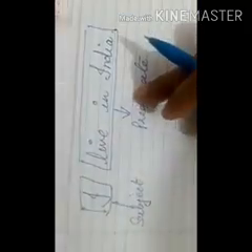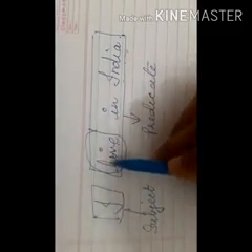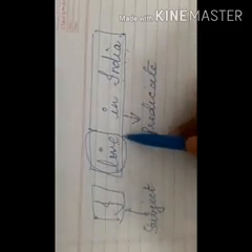Now in the predicate, live is a verb. It's showing an action of living. In India is the object. It is giving us more information about the action of living.